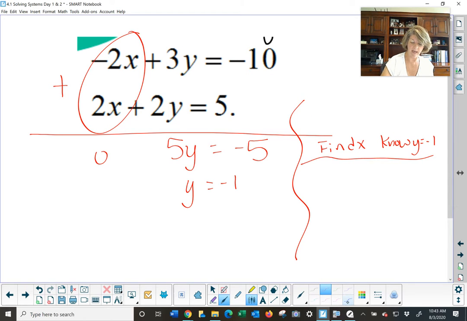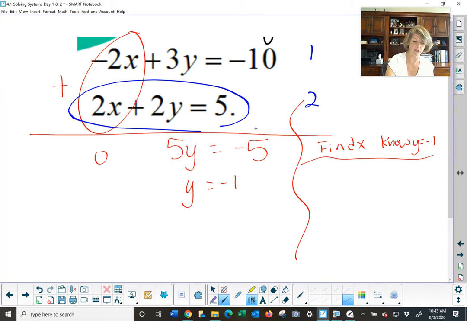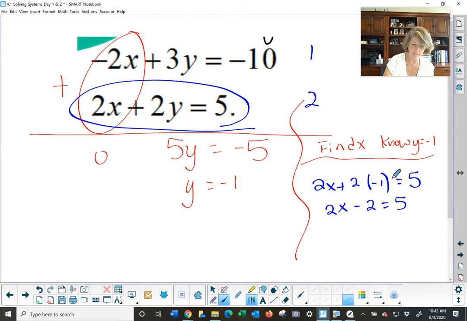Now let's find our x, because we know y equals -1. So to find x, I'm going to take either equation 1 or equation 2. I'm liking equation 2 because it's all positive. So I have 2x plus 2 times -1 equals 5. That means 2x minus 2 equals 5. And then add 2 to both sides. I have 2x equals 7.